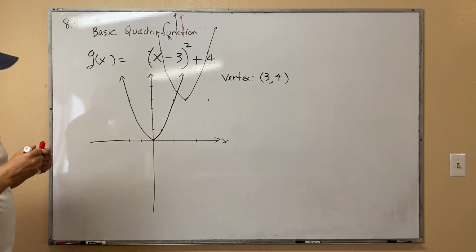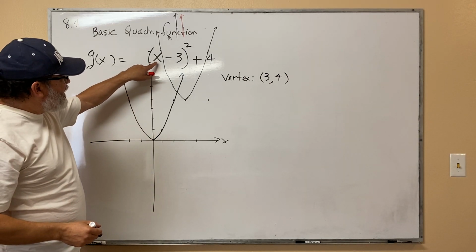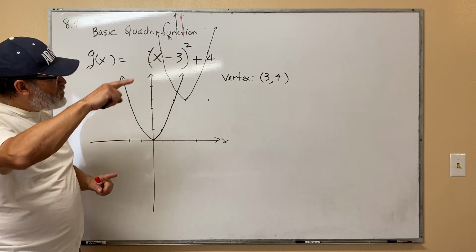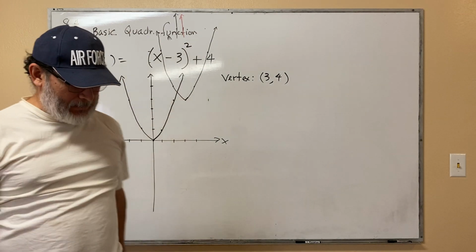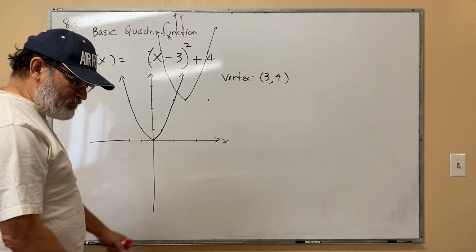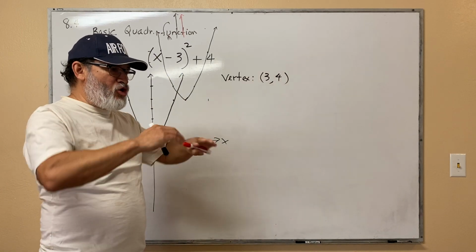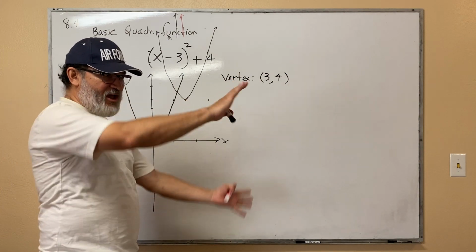There we go. That's the behavior of x minus 3 quantity squared plus 4. Note, it was not vertically stretched nor compressed. It was not reflected.